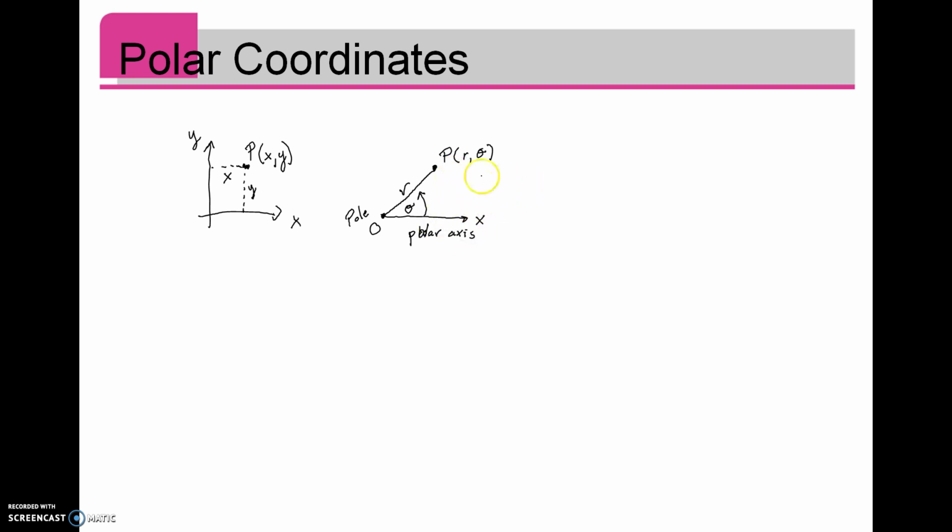So now what I want to do is show you the difference between the Cartesian coordinate plane and the polar coordinates, in which a distinct difference is that you've got really one representation of a point in Cartesian, and for polar you can represent a point in many different ways.